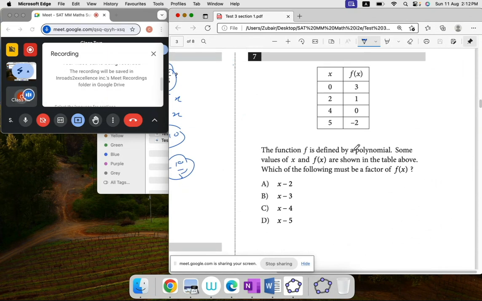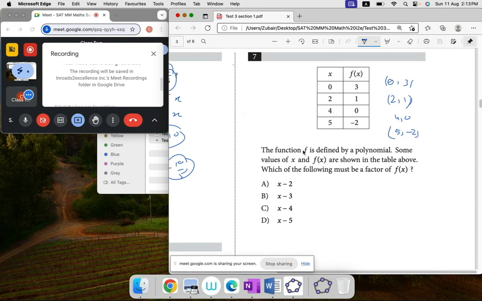Number 7, the function f is defined by the polynomial. Some values of x and f of x are shown in the table above. Which of the following must be a factor of f of x? So basically, we know that this is 0, comma 3; 2, comma 1; 4, comma 0; and 5, comma minus 2.